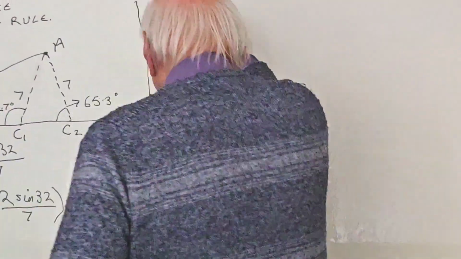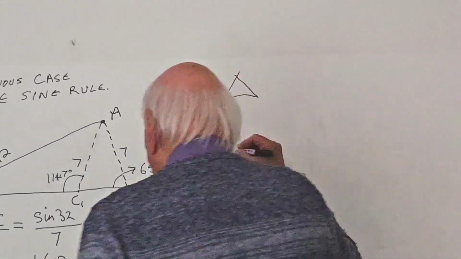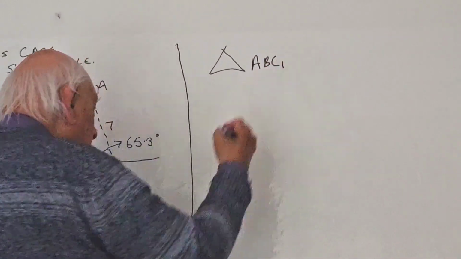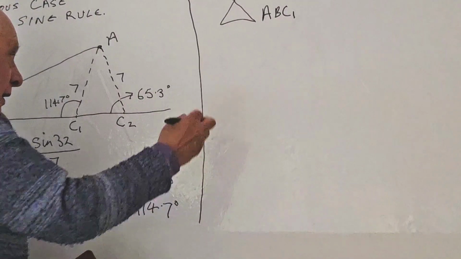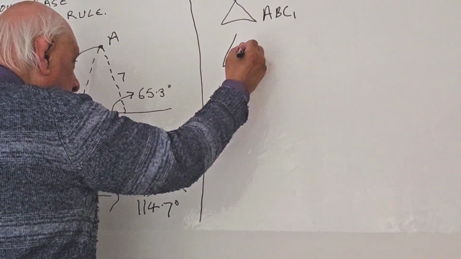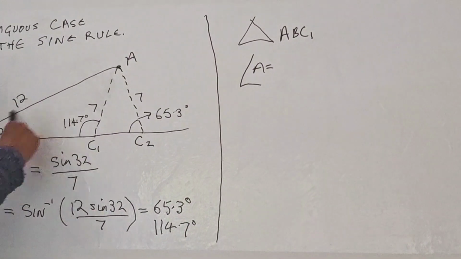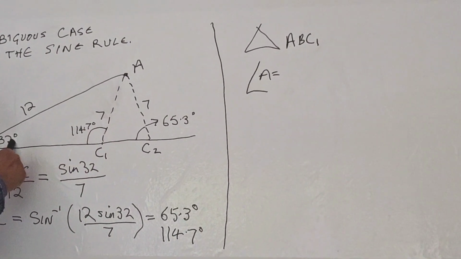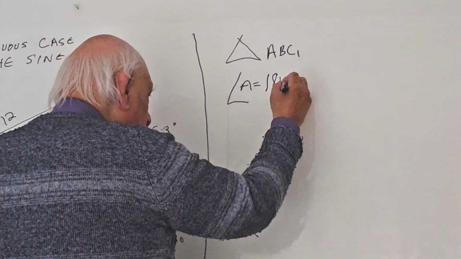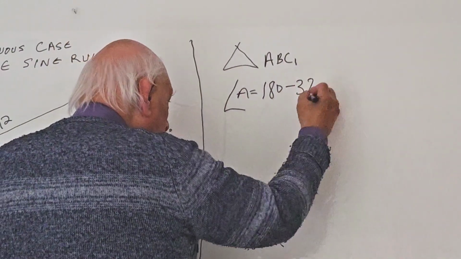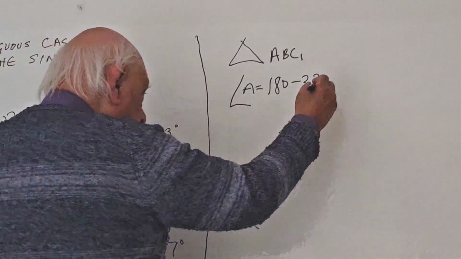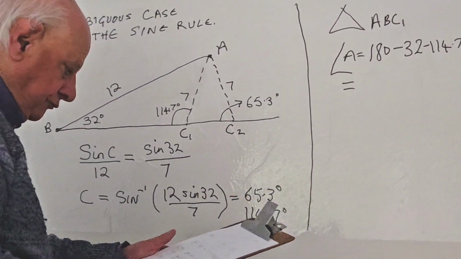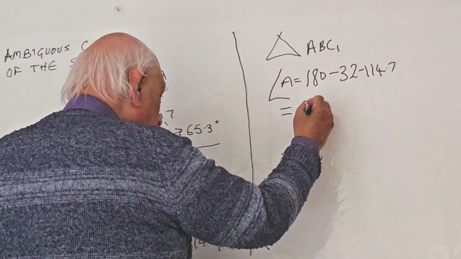So, if we look at triangle ABC1, the angle A will equal, so we're talking this triangle here, it'll be 180 minus this one minus that one. 180 minus 32 and minus 114.7, which will come to 33.3 degrees.